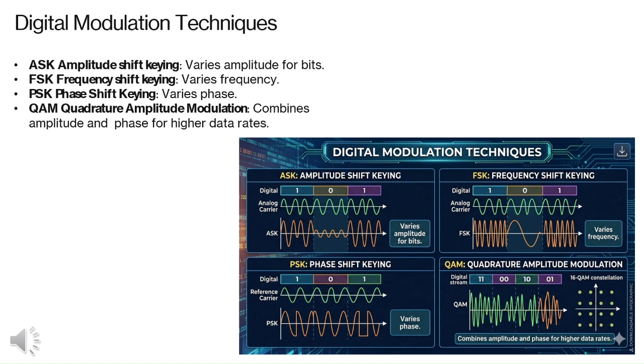That gives us super high data rates in Wi-Fi 6, 5G, and 4G. The more complex the modulation, the higher the speed, but also the more sensitive to noise.